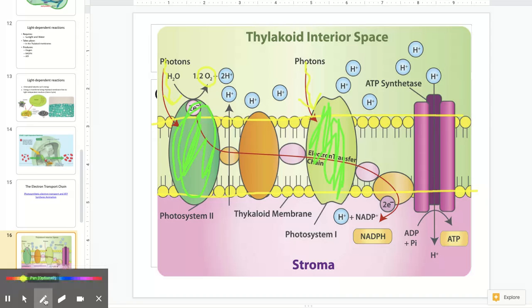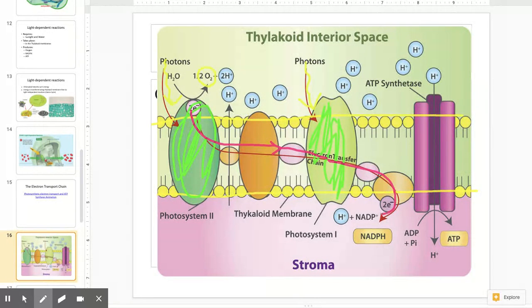And as we follow along the electron transport chain, we're following our electron. It's passed along. And these are just kind of proteins passing along the electrons. And it hits the second area where there's chlorophyll called photosystem 1. And it absorbs light again, and these electrons get even more excited.